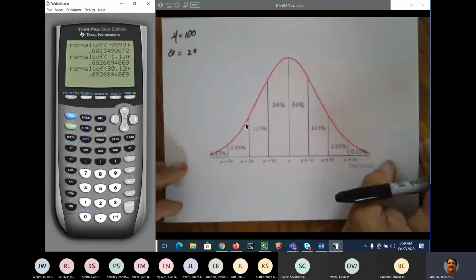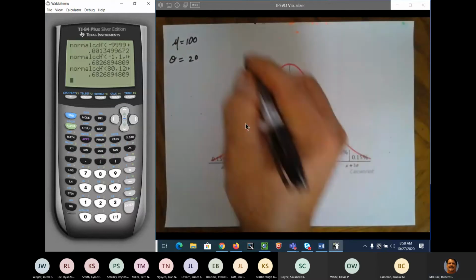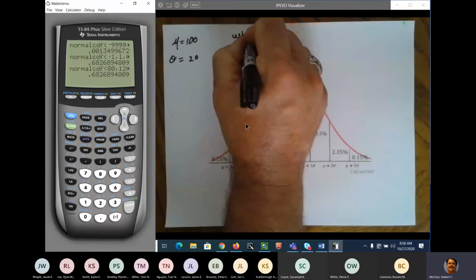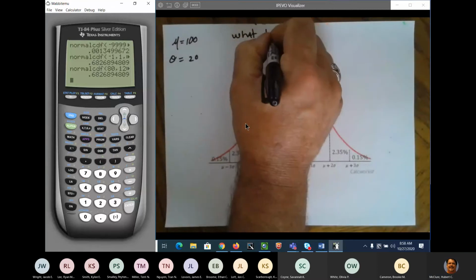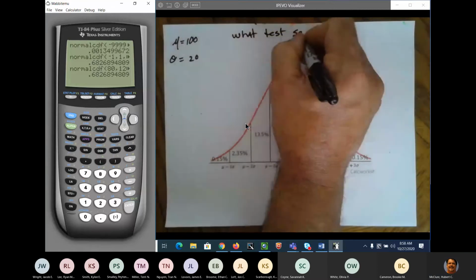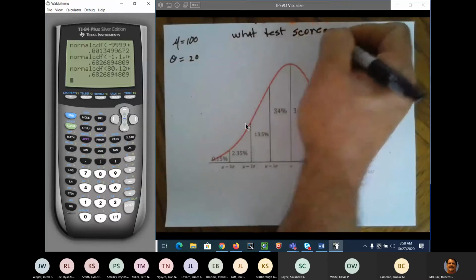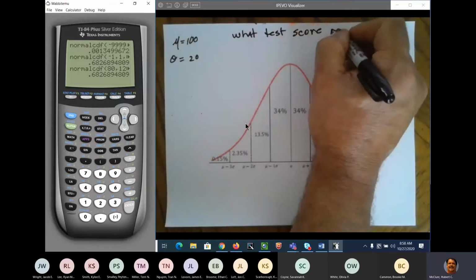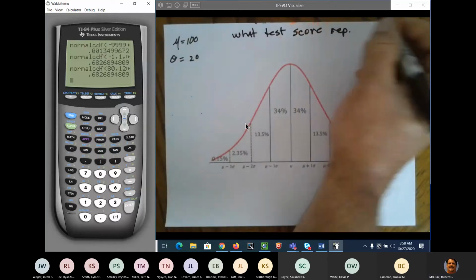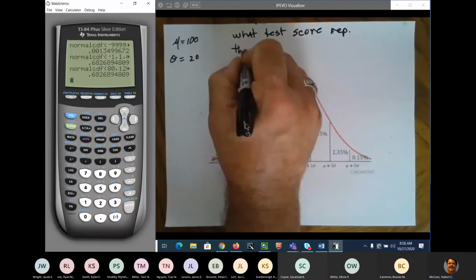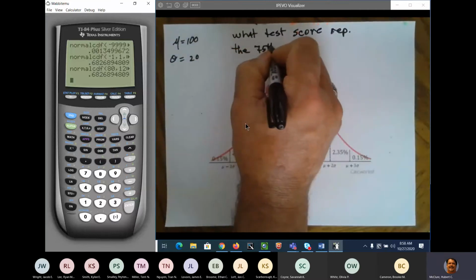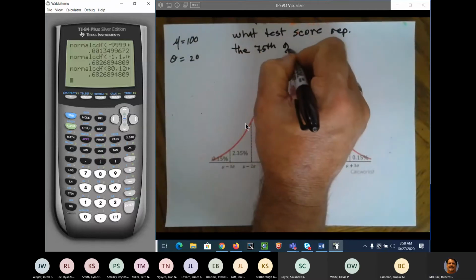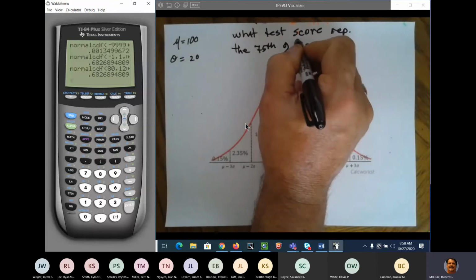And they want to know what test score represents the 75th percentile.